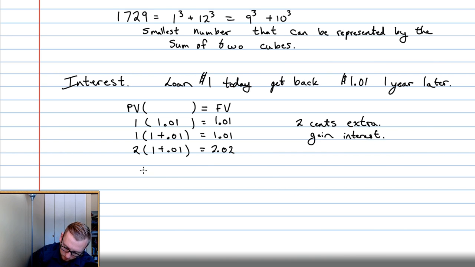So 2 years of it. Our first value for 1 year is 2 times 1 plus 0.01, which gives us 2.02.